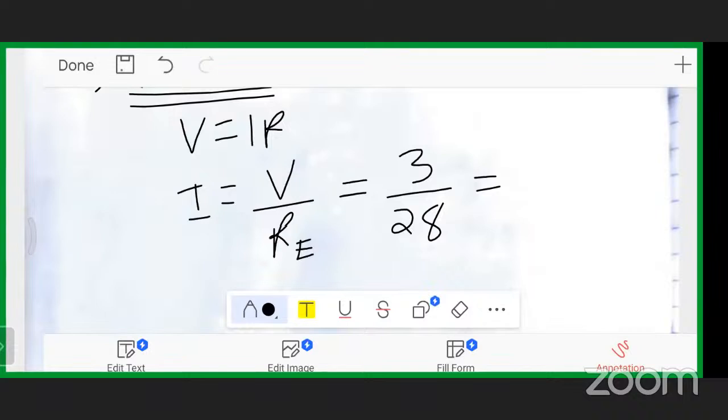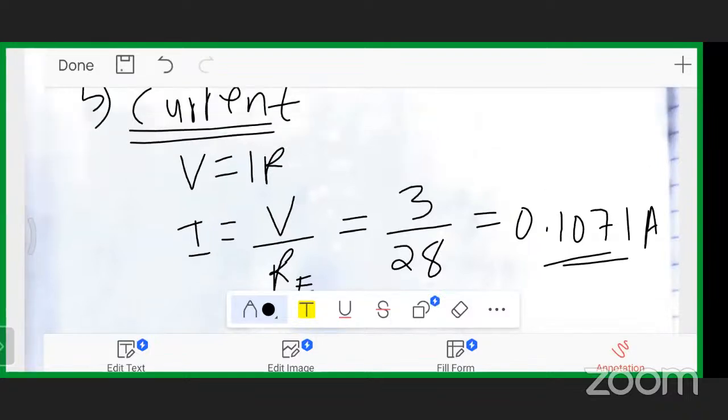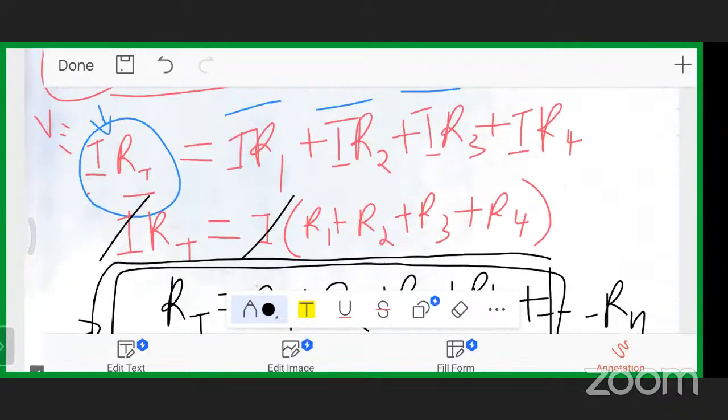To 4 significant figures, 0.1071 amps. That is the total current that is flowing in this circuit.